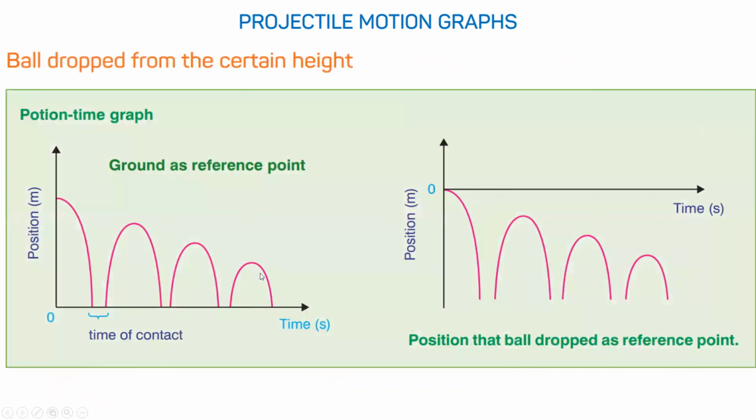Okay, and then bouncing is coming now. If you have one object coming down, let's say just dropped from a certain height. So you have an object from a certain height coming down first. After that, it bounces up. So what's going on? Let's show it like this. Bounce up, it's coming to a second position. Again, it's coming down, bounce up. But at each touching time, as you see, the position-time graph is like this.